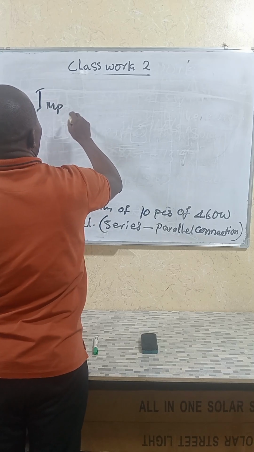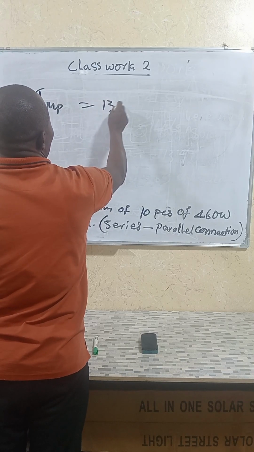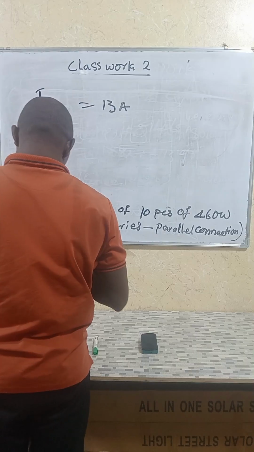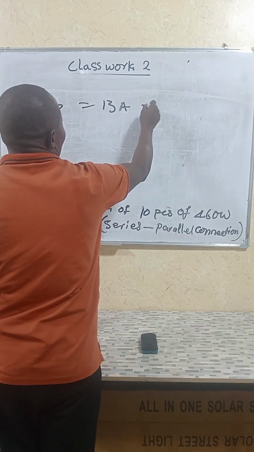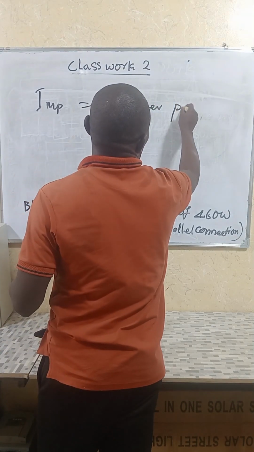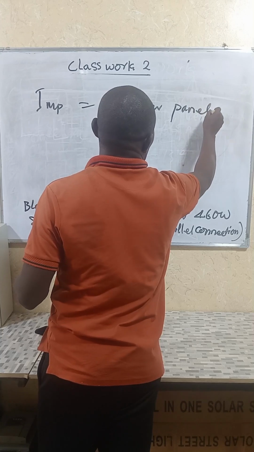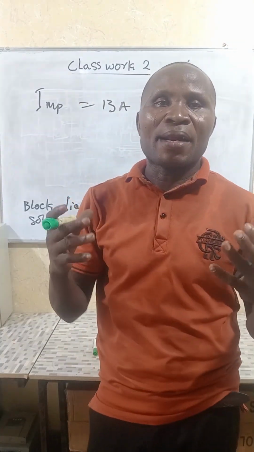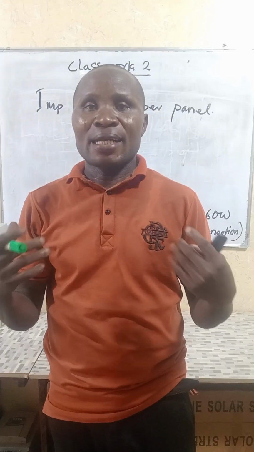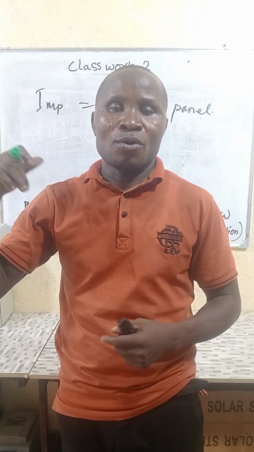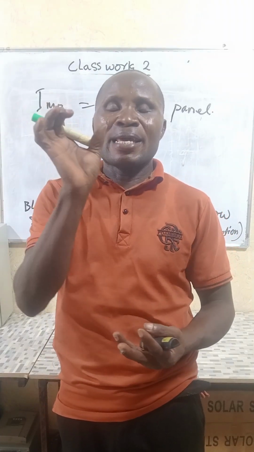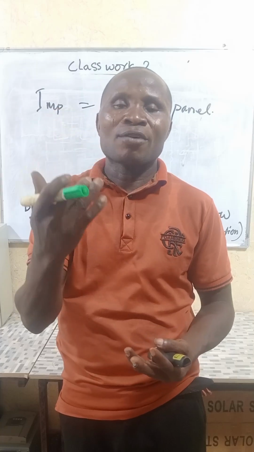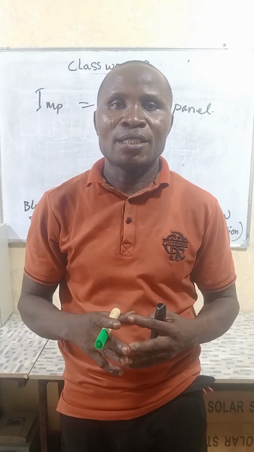Maximum power current is equal to 13 amps per panel. From our electrical parameters of the panel, that is where we got this 13 amps from. If you want to check it, it's on a small paper at the back of the panel. You will see it there.